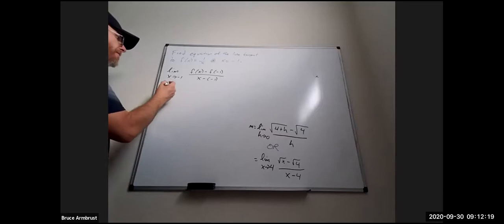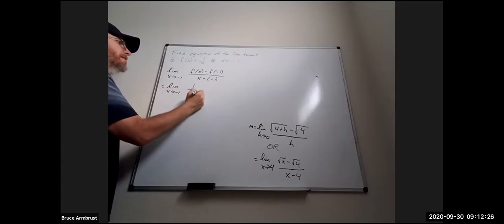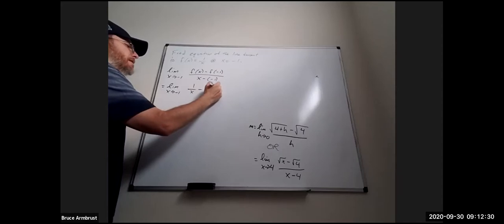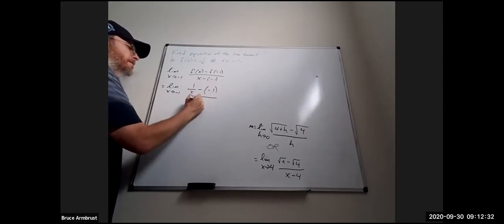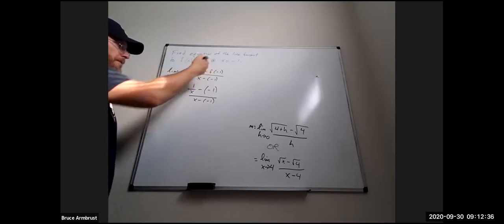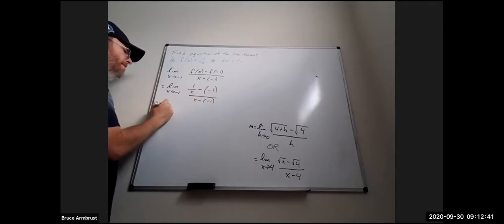All right, so let's put in our specific values for this function. So f of x is 1 over x. f of -1 is 1 over -1, which is -1. And let me take care of those minuses.